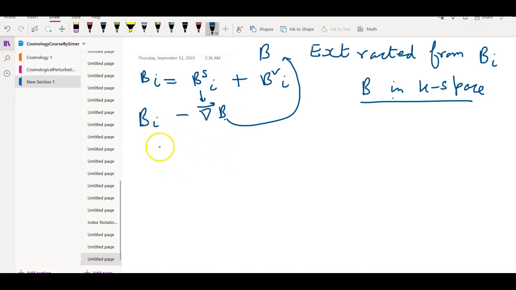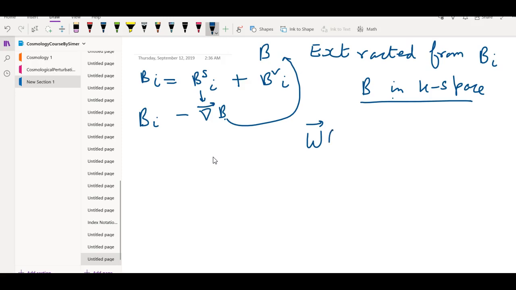Let us see how we can express this B in k space, how we expand B in k space. Let us first of all write the Fourier expansion of vector B. Or let me write a general vector, instead of saying vector B, any general vector, say W.